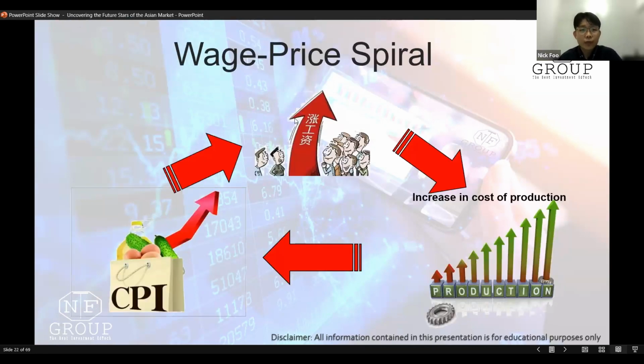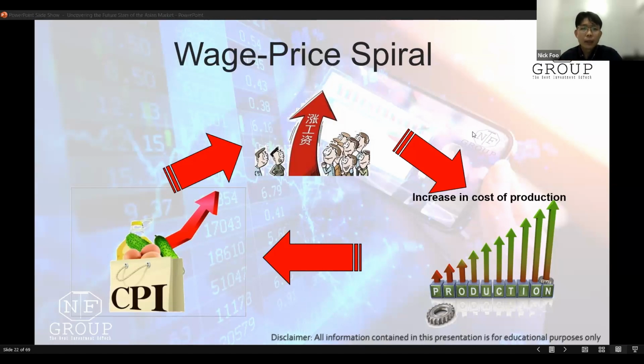So if this wage price spiral takes place, then I think nobody can control it. So this is my main concern, ladies and gentlemen. If you ask me whether it has already taken place, not yet, but we are near.